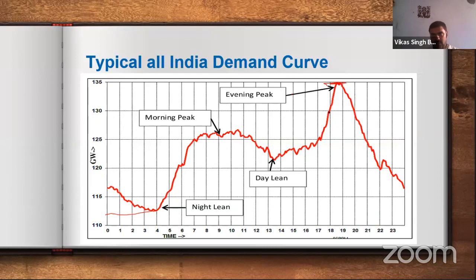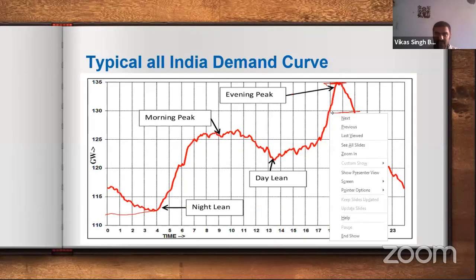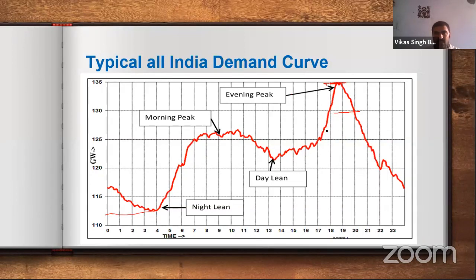Although this is old data, for the maximum duration the demand is less than 130 gigawatt, and for a very short duration it is more than 130 gigawatt. And to fulfill this demand, the utilities have to install extra generators, and that will cost extra for the utility companies.